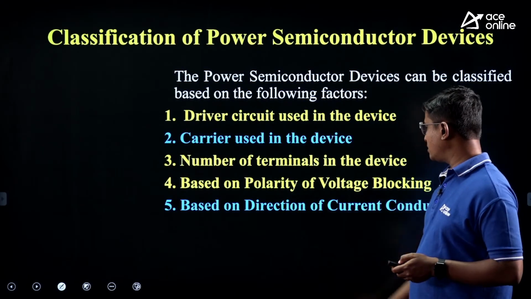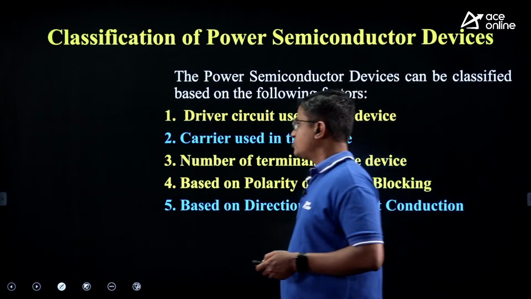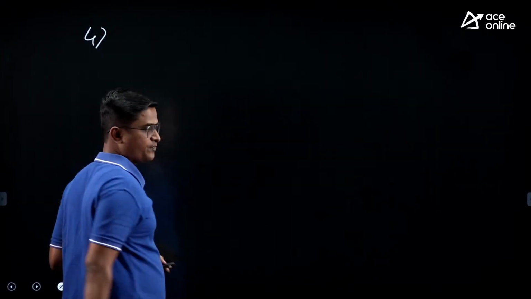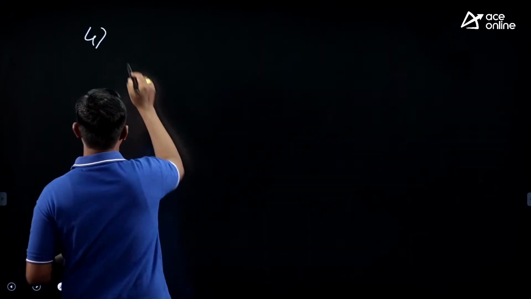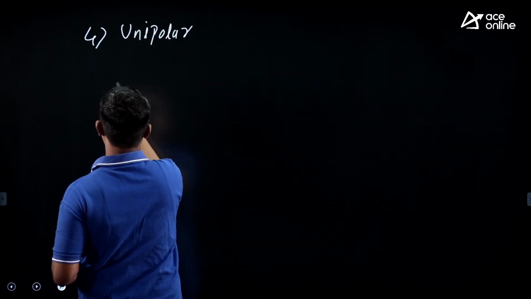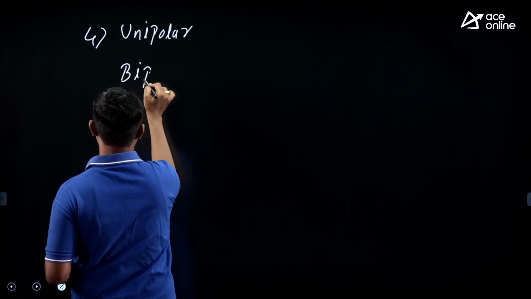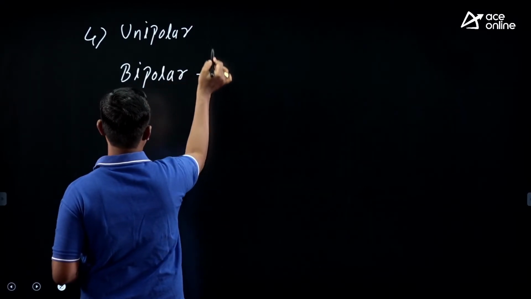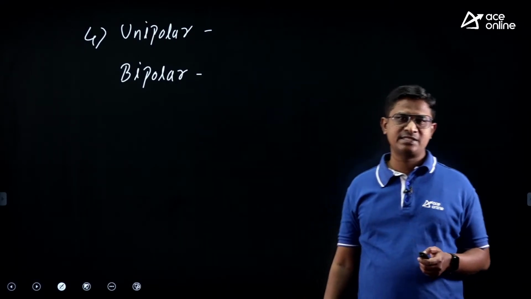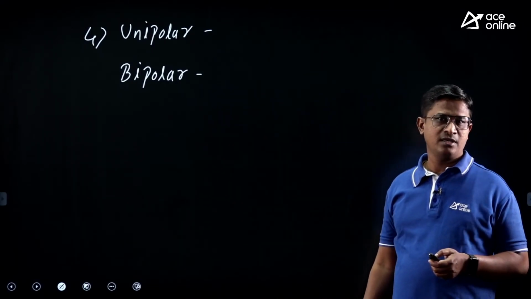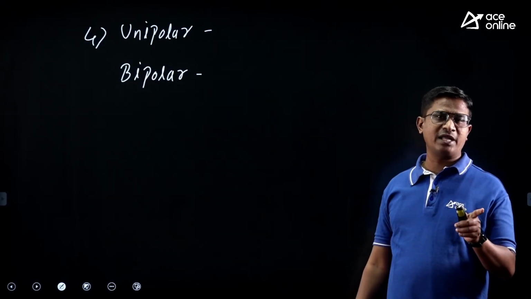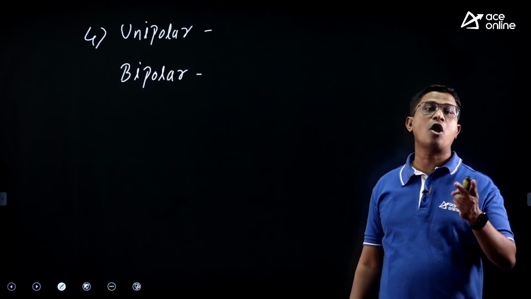Next, based on the polarity of voltage blocking. So based on polarity of voltage blocking, there are two types, unipolar and bipolar. Unipolar means a device is said to be unipolar if it blocks either forward voltage or reverse voltage during its off state.